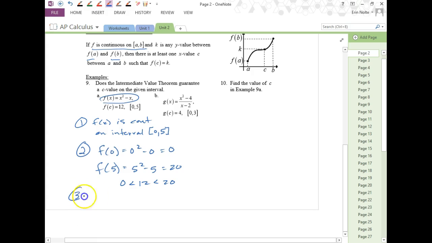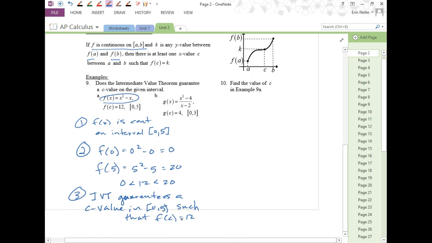So we can say by the intermediate value theorem, it guarantees, how do you spell guarantees? Guarantees a C value in 0, 5 such that f of C is equal to 12.